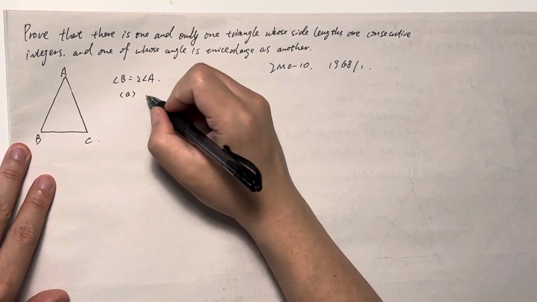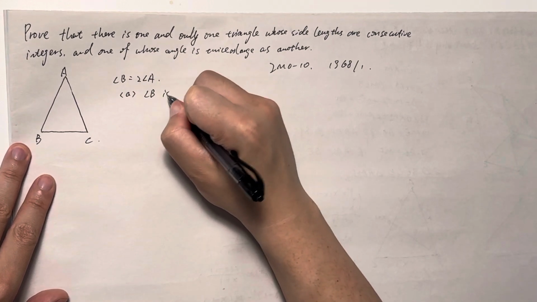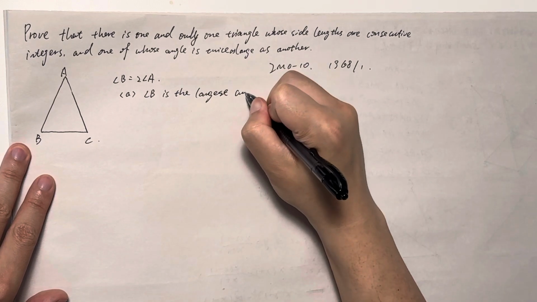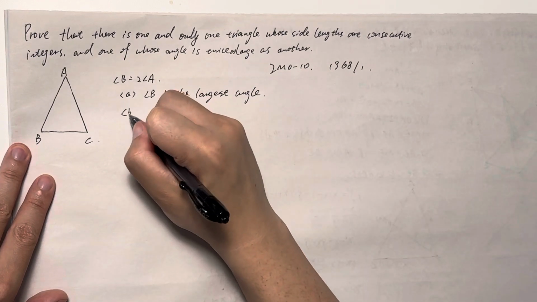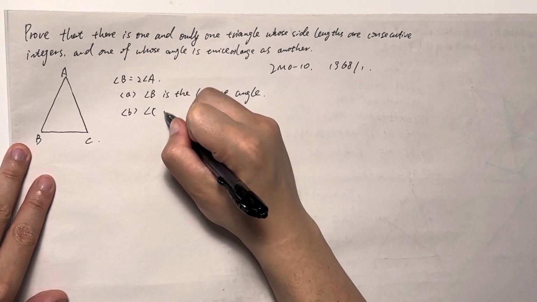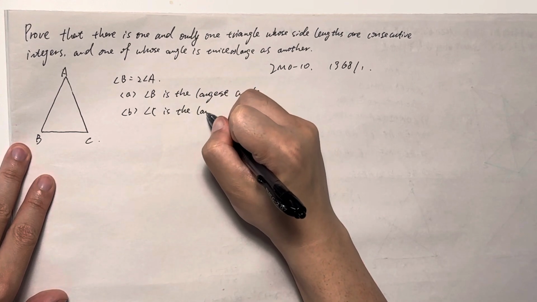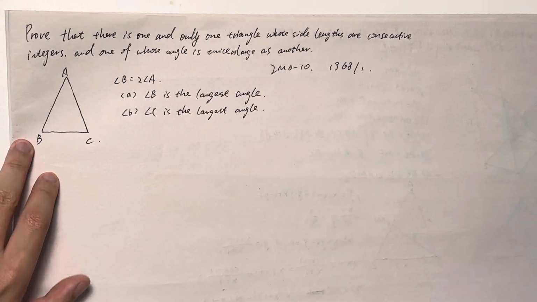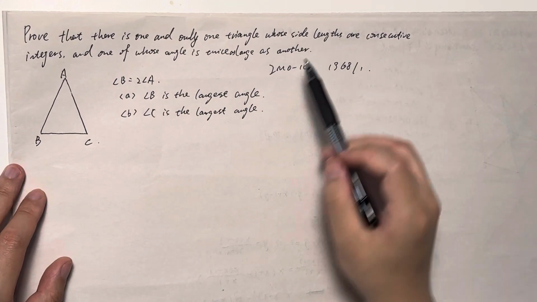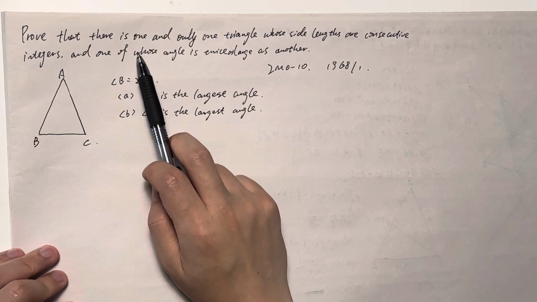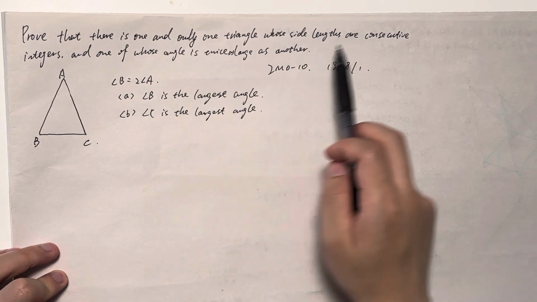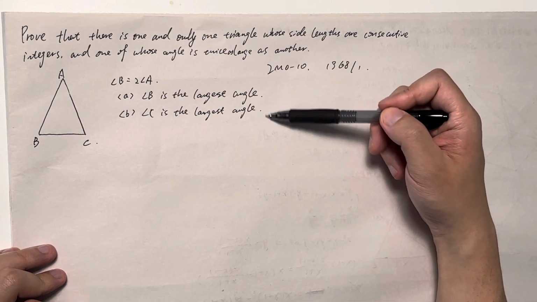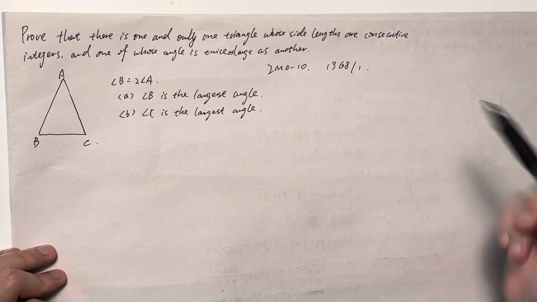The first case is that angle B is the largest angle. And the second case is that angle C is the largest angle. And from the set of the problem, we already know that we want to prove only one triangle satisfies these conditions, which means only one of these two assumptions is valid.